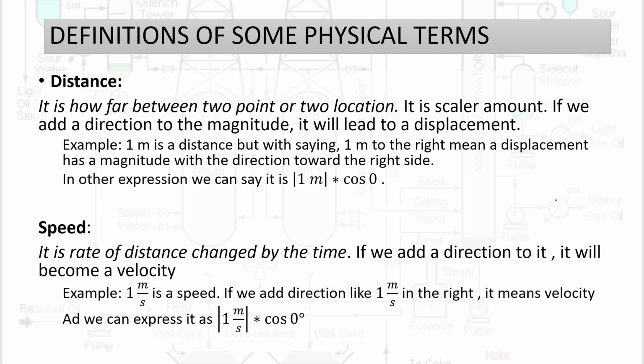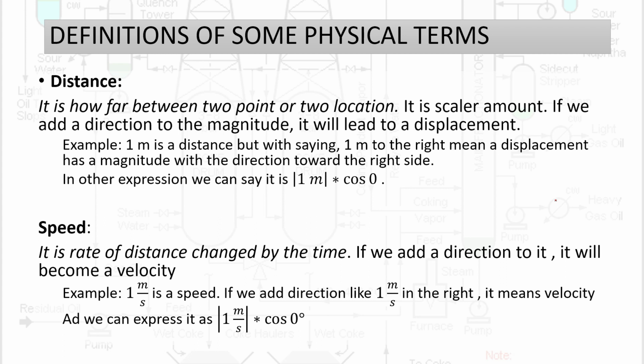As an example, if we say 1 meter distance without mentioning the direction, we are just talking about distance. But if I mention 1 meter and also give the direction, 1 meter to the right, it means a displacement has been done with a magnitude equal to 1 meter and the direction to the right side.